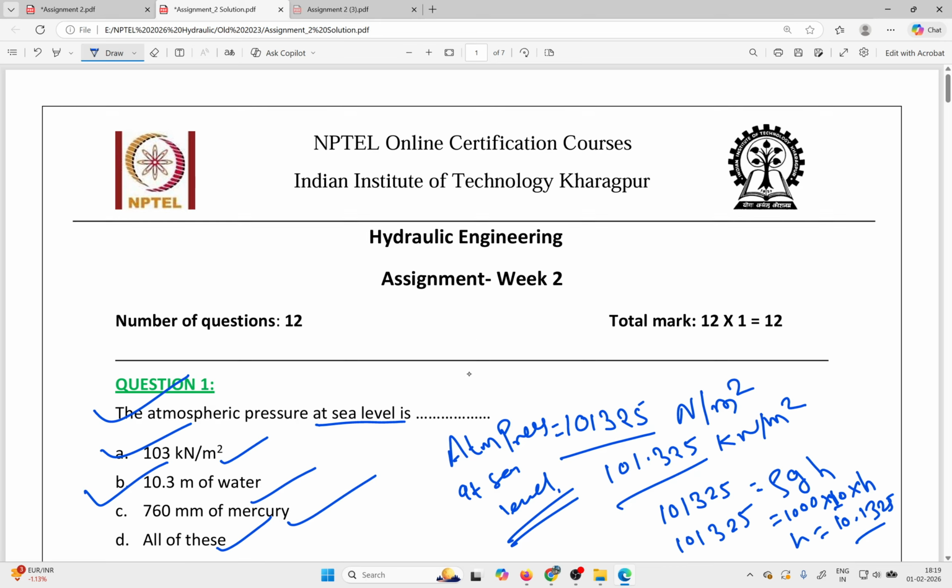760 of mercury. Similarly, you can write 101.325 is equal to rho mercury into g into h. So this value is 13.6 into 10 into h.